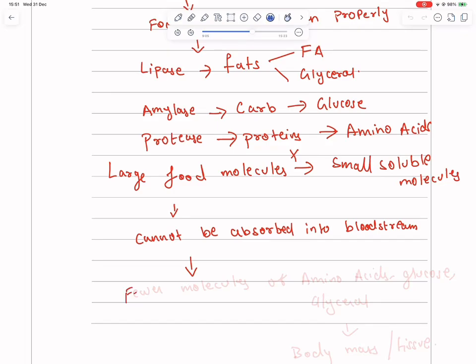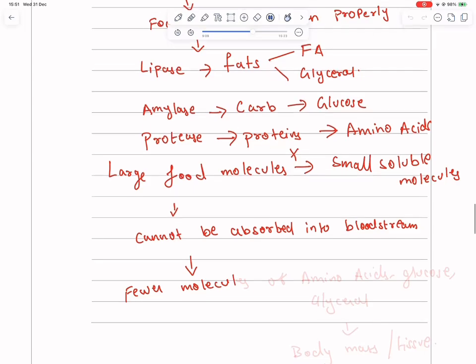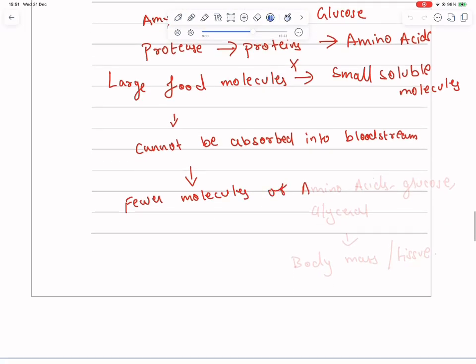So because of that, fewer molecules of amino acids and then glucose and glycerol, which build up body mass and tissue.